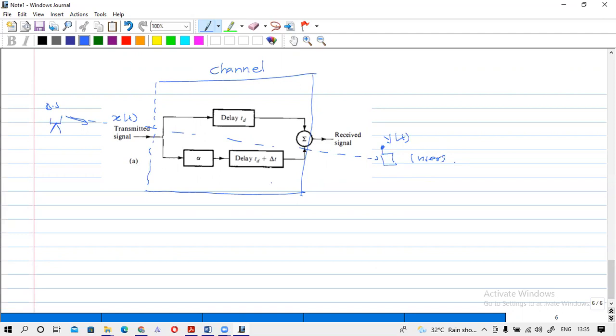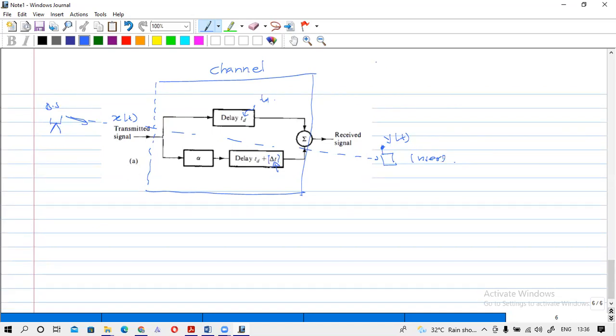You can see that the transmitted signal has two paths. One is just a delay, that means it is a line of sight path, and here there is an additional delay also. This Td may be a propagation delay, and this additional delay may be due to a reflection.